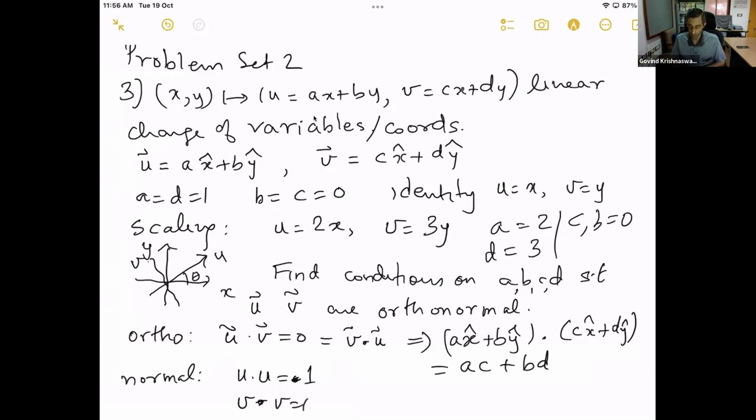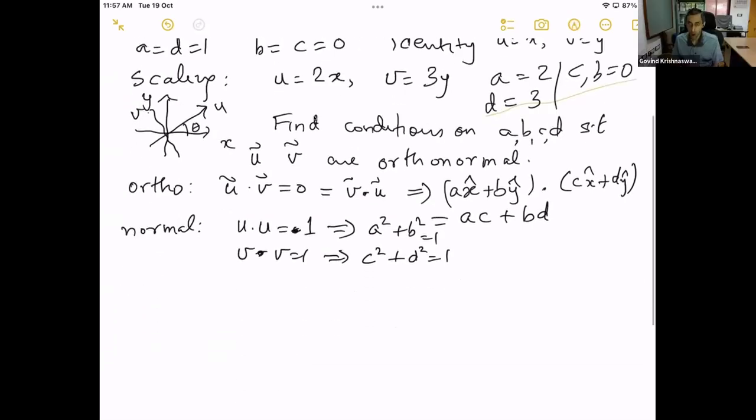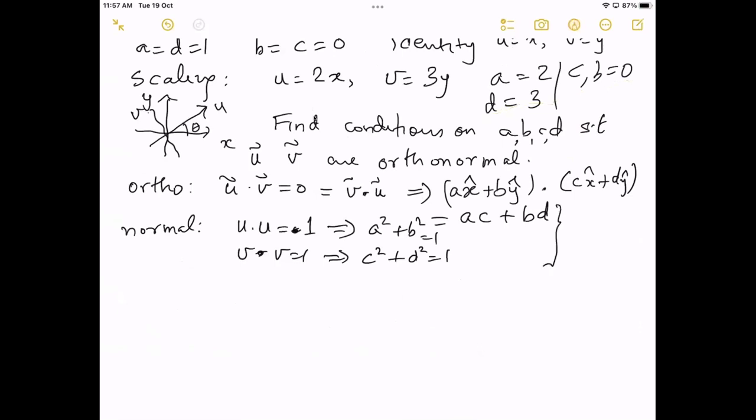You want to impose both these conditions. Now, u dot u equal to 1 is the condition that a squared plus b squared is equal to 1, because u is ax hat plus by hat. v dot v equal to 1 is the condition c squared plus d squared equal to 1. So orthonormality is a set of 3 conditions.